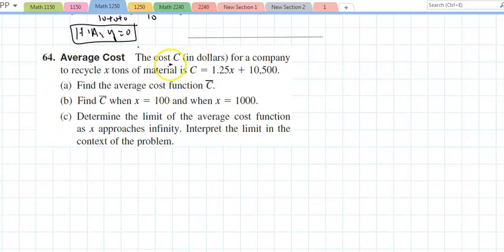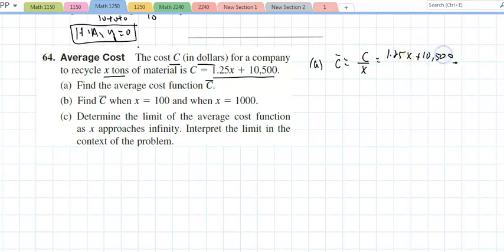The cost, C in dollars, for a company to recycle x tons of material is given by this. Find the average cost, A. The average cost is the cost function divided by x. That would be 1.25x plus 10,500 over x.